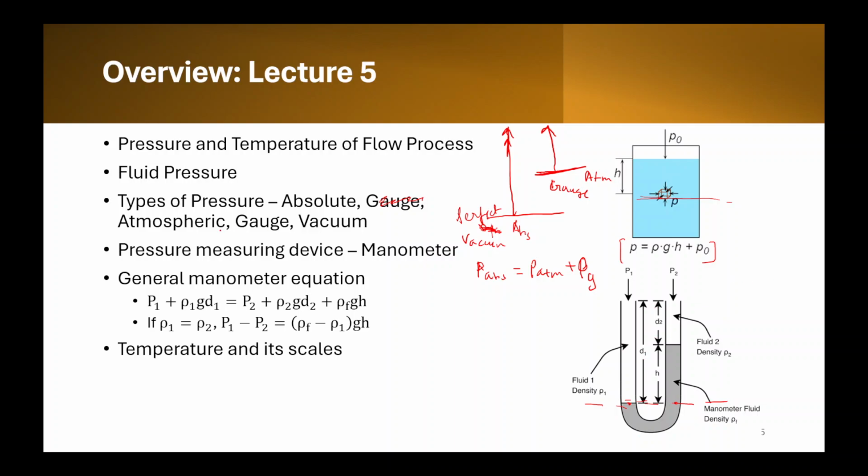On the right limb, we see the external pressure P2 plus the fluid 2 column, rho 2 into g into d2, where d2 is the height and rho 2 is the density. Below it there is another column, the column of mercury, so rho f, the density of mercury or manometric fluid, into g into h, the difference in the heights of the manometric fluid. So this is the general manometer equation given here.